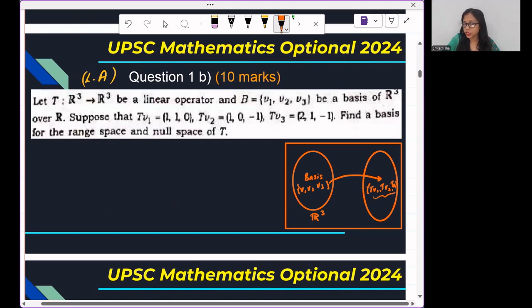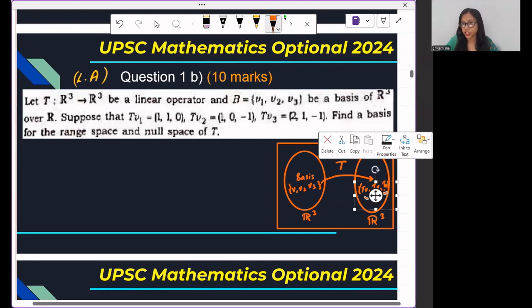This set may not be a basis, because a linearly independent set may or may not map to a linearly independent set by the transformation T. So I can't say that this is a basis of the range of T, but I can definitely say that it spans the range of T.